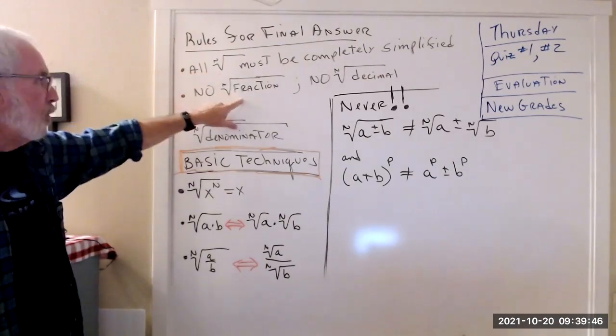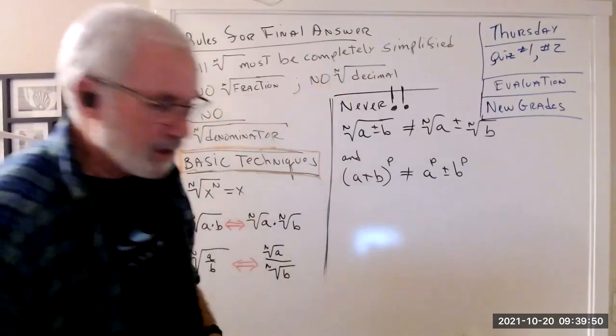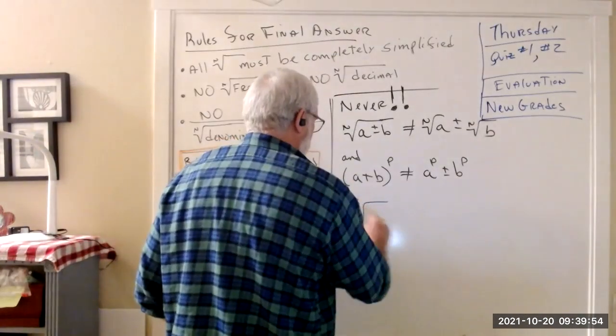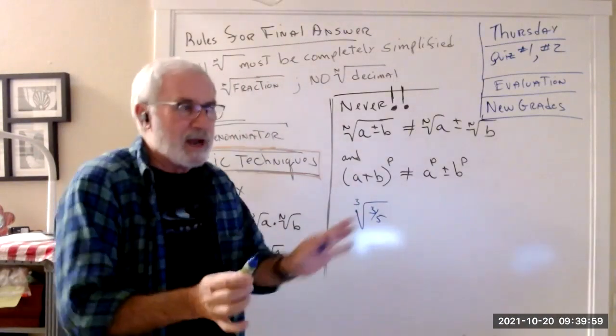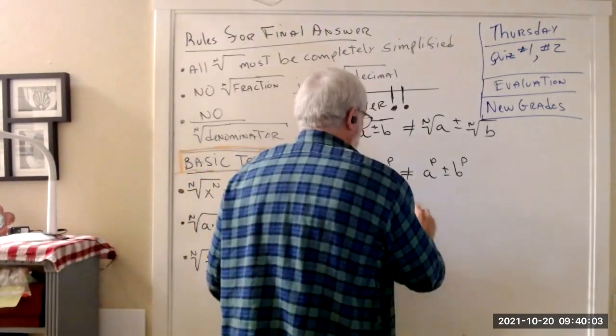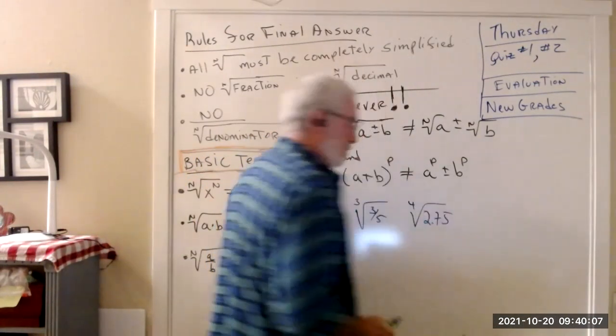Okay. No fractions inside of a radical, no decimals. What that means is you can't have like the cube root of 3/5. That's a fraction. You've got to somehow fix it. You can't have the 4th root of 2.75.